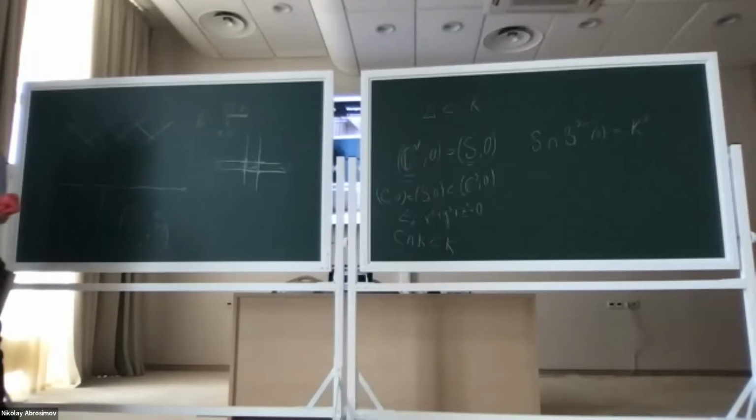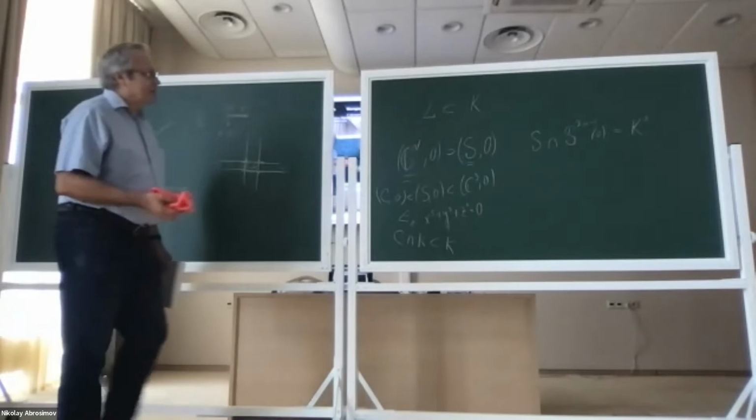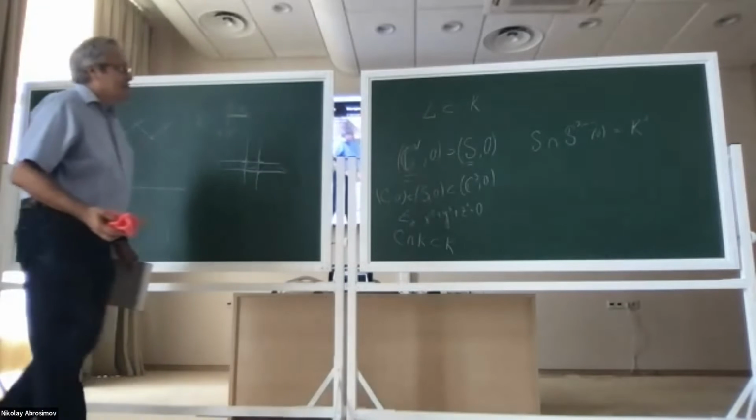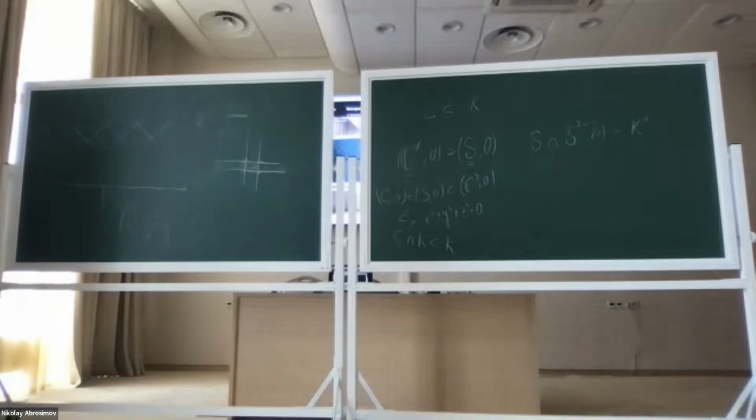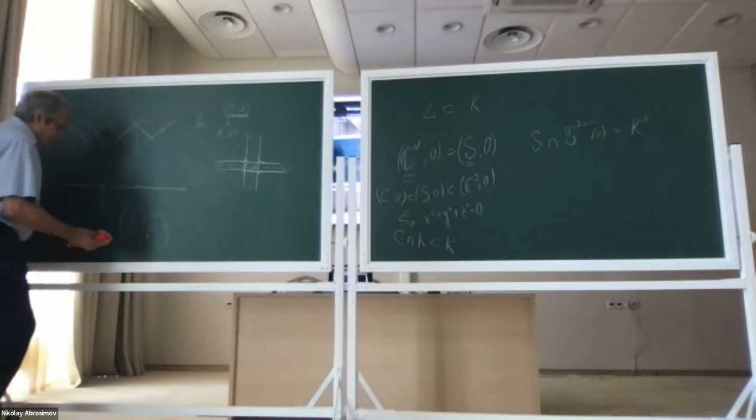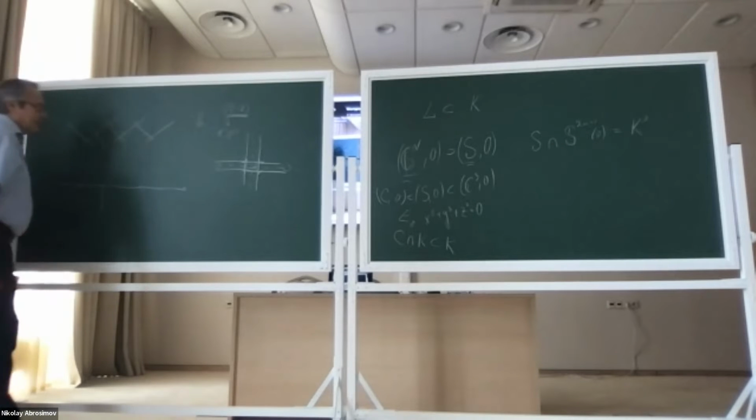This means that the corresponding spheres, the corresponding links, are not homology spheres, but only rational homology spheres. The first homology group is finite. Okay, so this is that one.